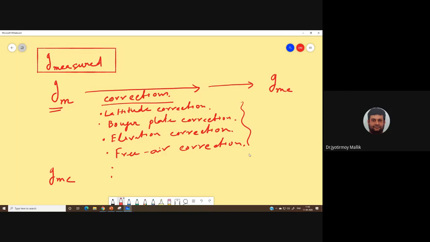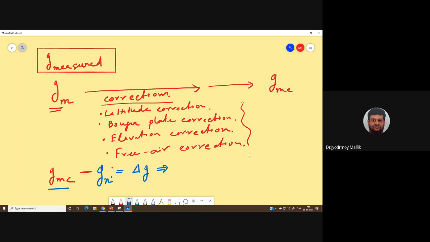Then we subtract from GMC the g normal, or the theoretical value. We can call this delta g.